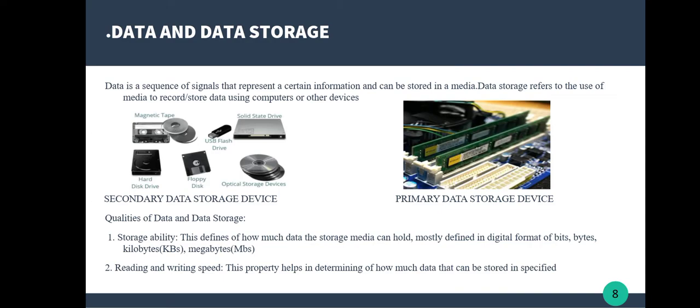It all depends on data. If it can flow more data in a small time, it means the function can also be fast and satisfying. So the reading and writing speed of the storage device is among the qualities that explain data and data storage.